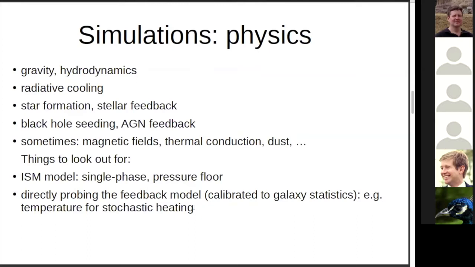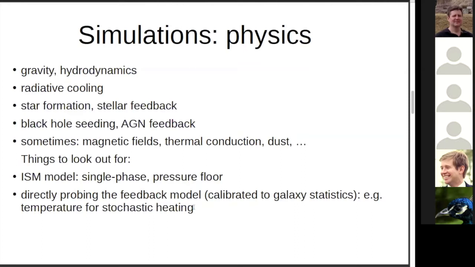This problem also exists in simulations where instead of heating particles, they kick them with a certain velocity. That also just doesn't do very much to these massive resolution elements. So there are different ways that different simulations handle these things.